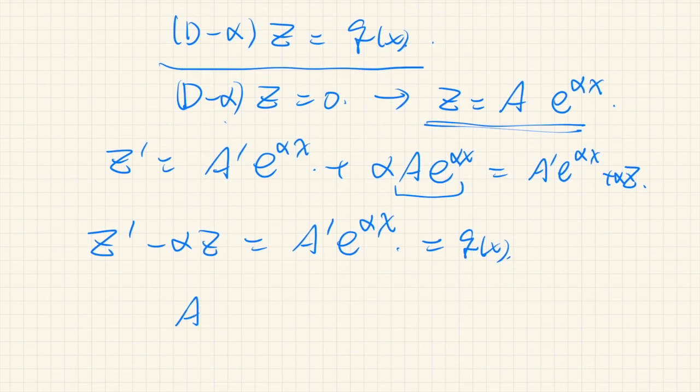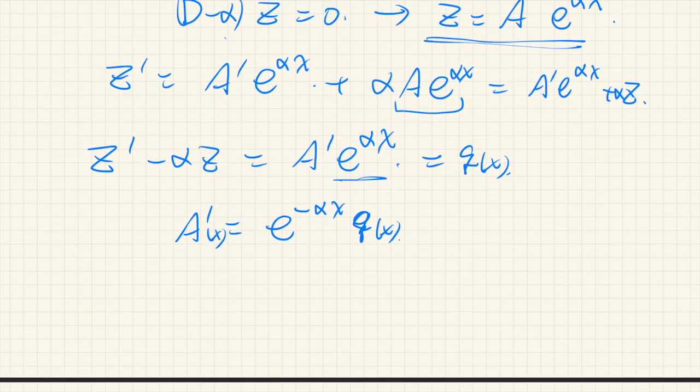So we have a prime equal to, so divide both sides by this, so we have exponential of negative alpha x times q of x. And now integrate both sides by x. We have a of x equal to the integral of this. So this is just exactly how we derived the method of variation of parameters.